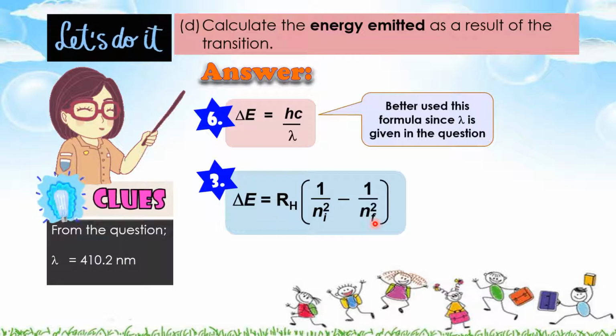Try to avoid substituting any value from the previous calculation, because we don't know whether the value we calculated previously is correct or not. So please choose formula number 6.